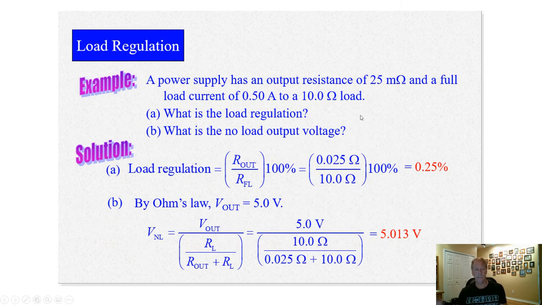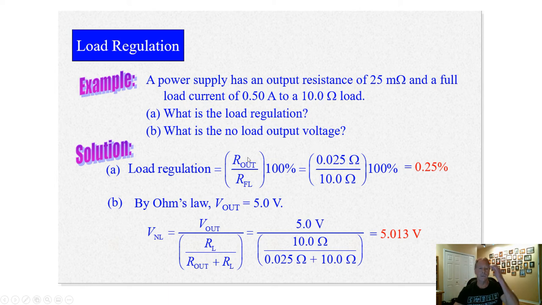Here's a load regulation example. If you have a power supply with an output resistance of 25 milliohms, not very much, and a full load current of a half amp at a 10 ohm load, what's the load regulation and what's the no load voltage?